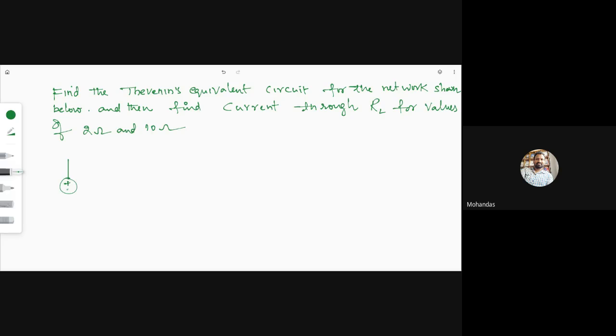There is a voltage source which is 9 volts, and there is a resistance of 3 ohms, and there is a resistance of 6 ohms. This is a load resistance RL, which is variable, it is not fixed. All of you note down this problem.